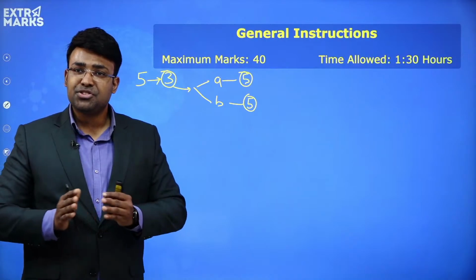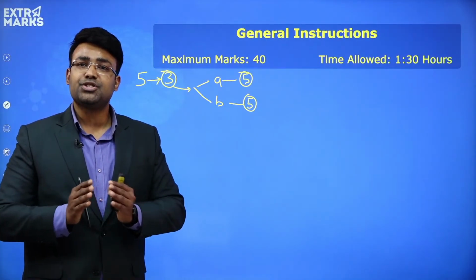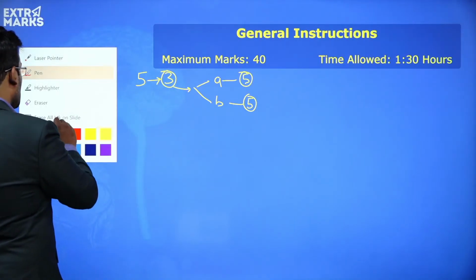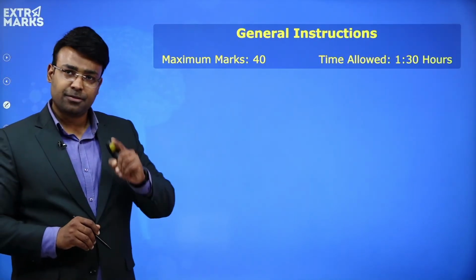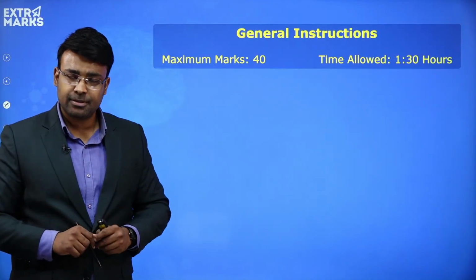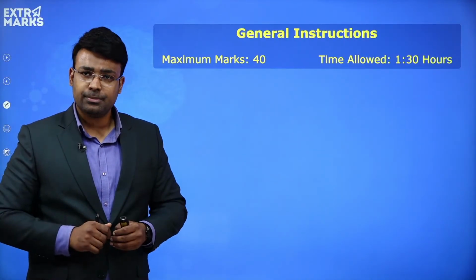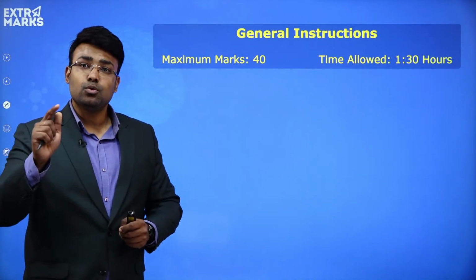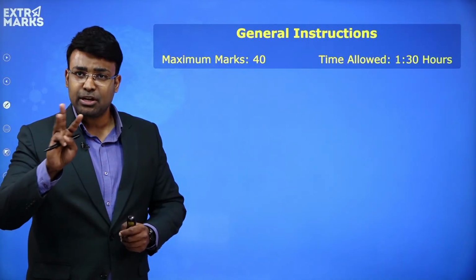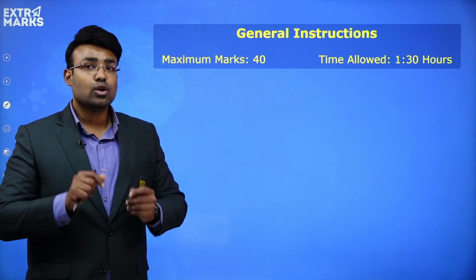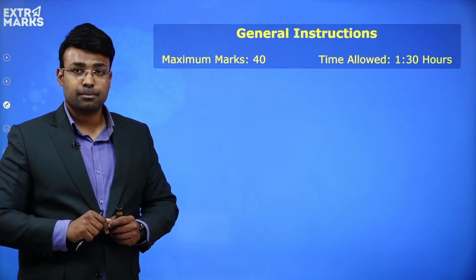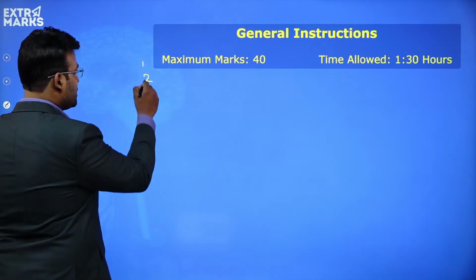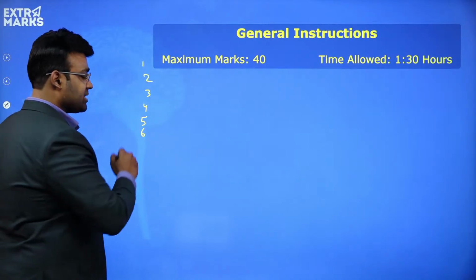Now the pattern has changed. So what is the change in the current scenario? In the current scenario, again the first question will be completely objective. So you have to attempt all the questions. There are 6 questions in total.